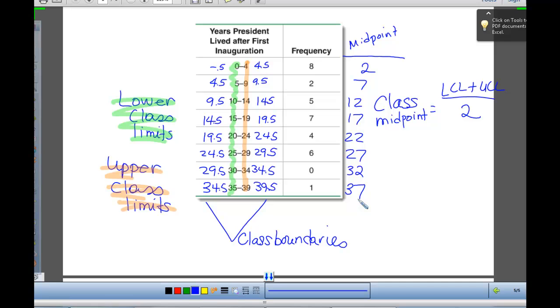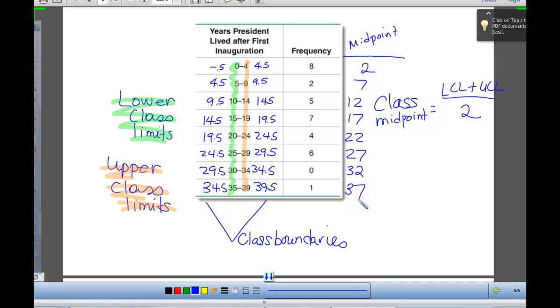All right, here's the one that is probably most missed, so don't confuse this. That would be the class width. Now, we'll talk about determining class width from a set of data, but for right now, we're determining our class width from this existing frequency distribution.